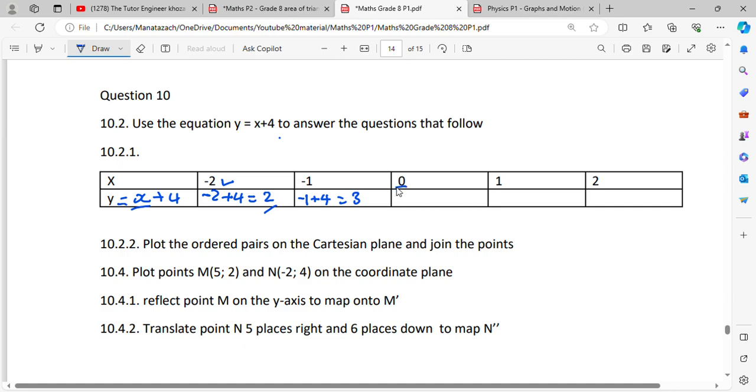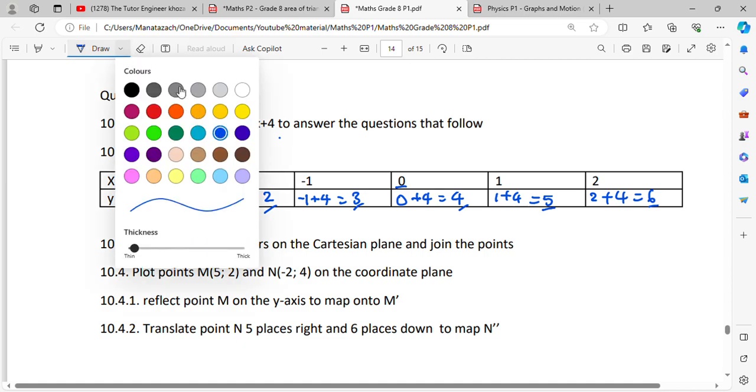And where x is 0, we'll have 0 plus 4. Remember where I get the 4 from, the original formula. So here we'll have a 4. Where x is 1, we'll have 1 plus 4, which is going to be 5. And where x is 2, we'll have 2 plus 4, which is going to be 6.